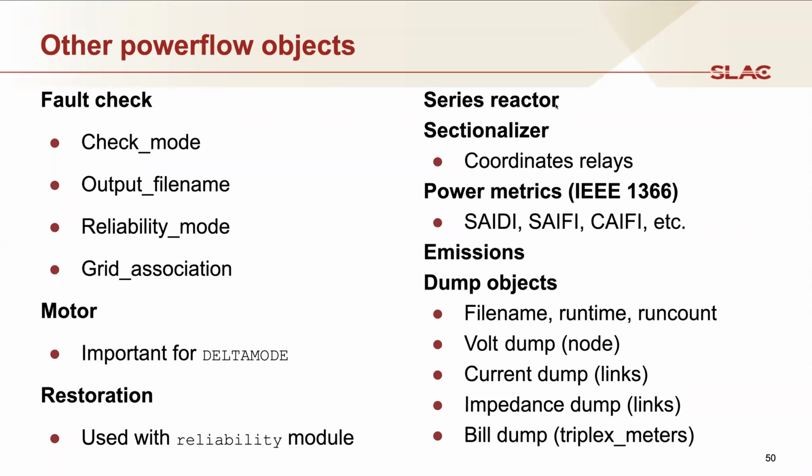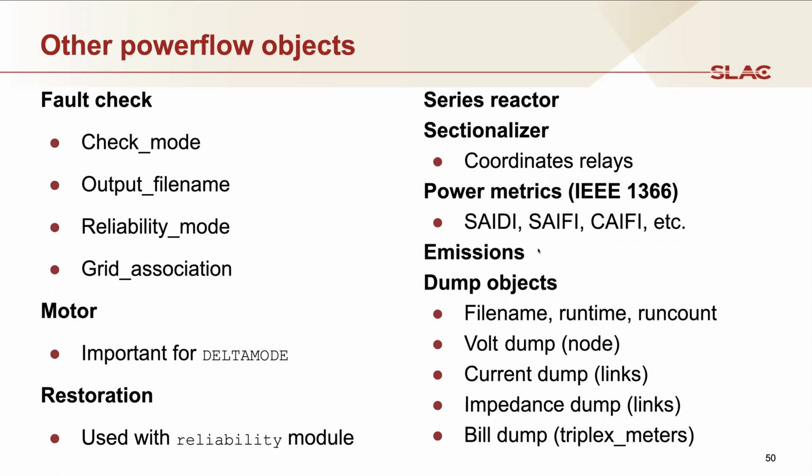A couple other objects of interest: there's a series reactor, which is a pretty straightforward concept. Sectionalizers, which are used to coordinate relays. The power metrics themselves that generate the SAIDI and SAIFI values that you use to evaluate reliability.